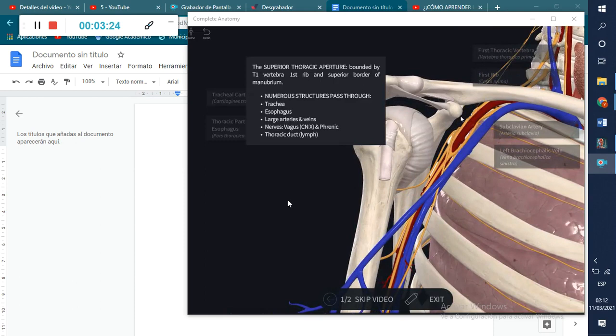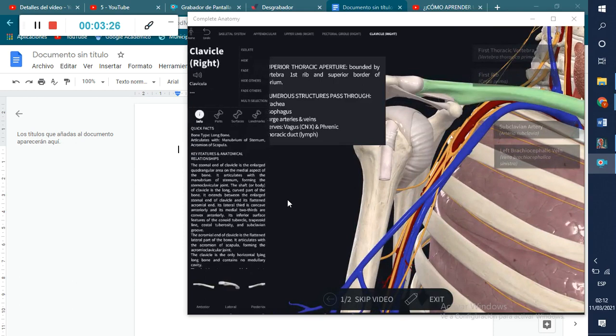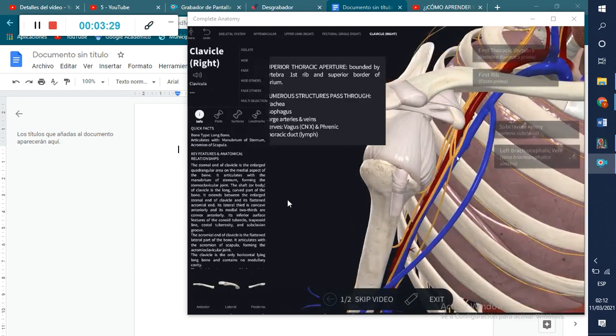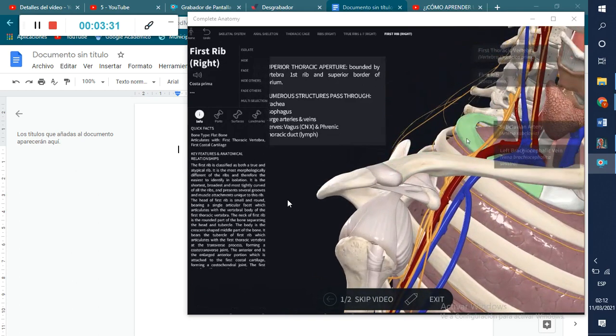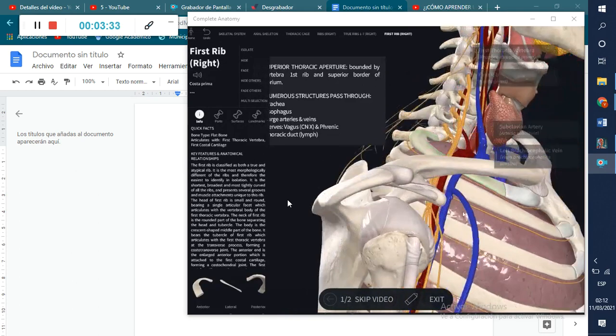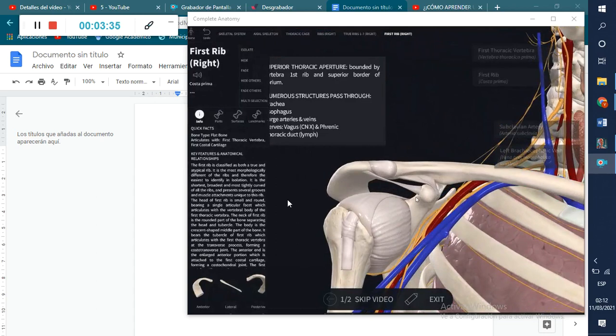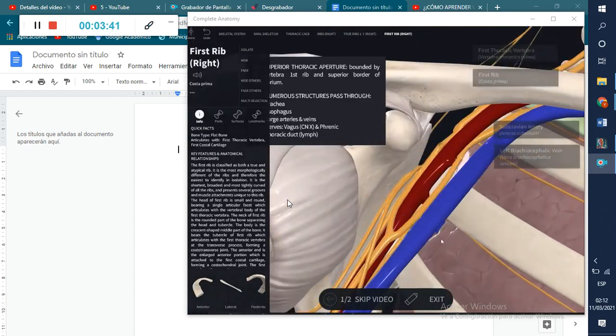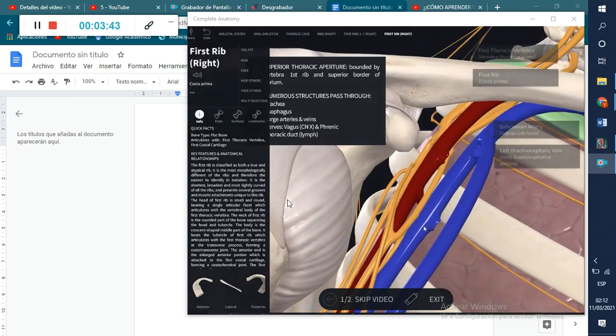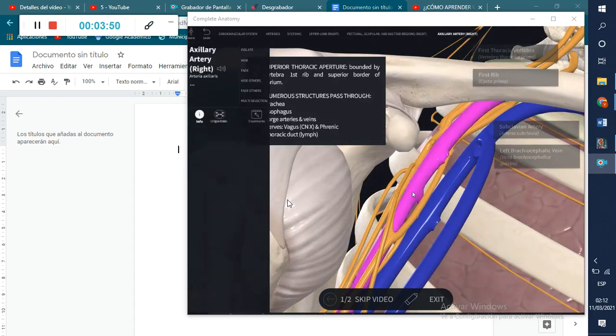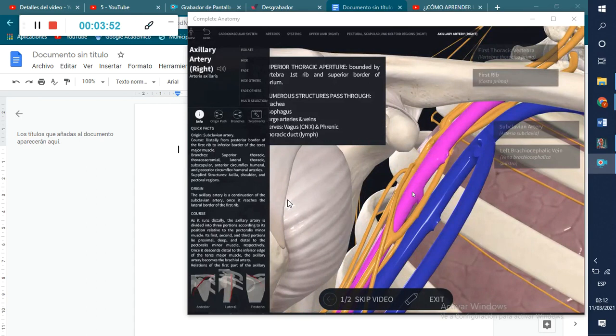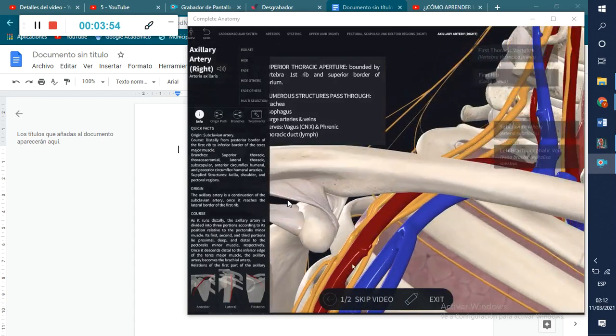However, the boundaries would be your clavicle, the first rib, again, which we can see up on top, and the superior border of the scapula, which we have here. So the superior border of the scapula would be running along here, and passing through the axilla, as you can see right here, are going to be these nerves, which are all parts of the brachial plexus, and the subclavian artery, which turns into the axillary artery as it enters the axilla.